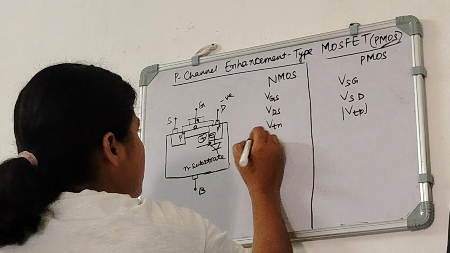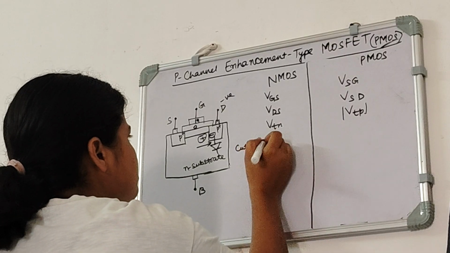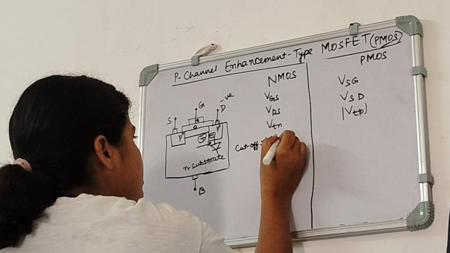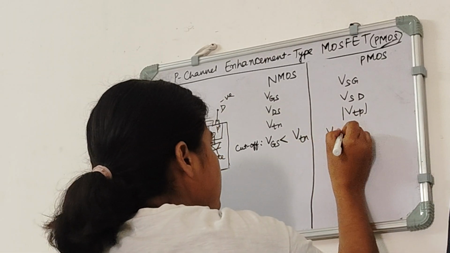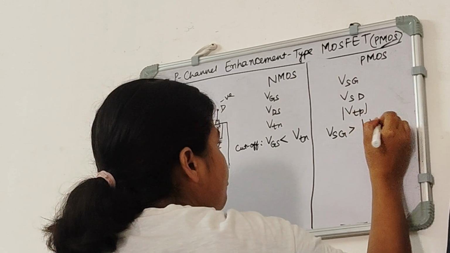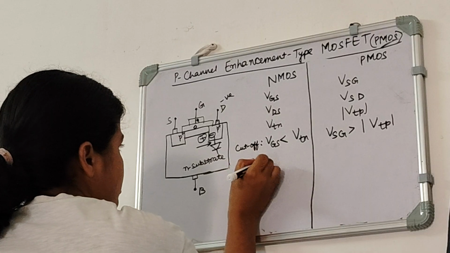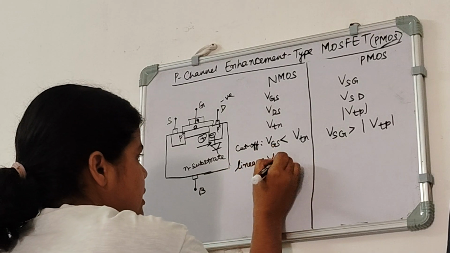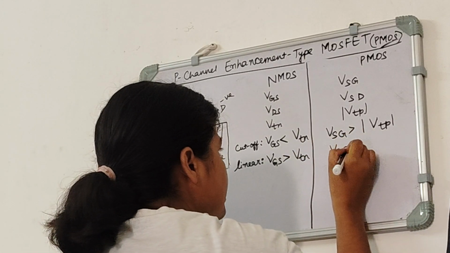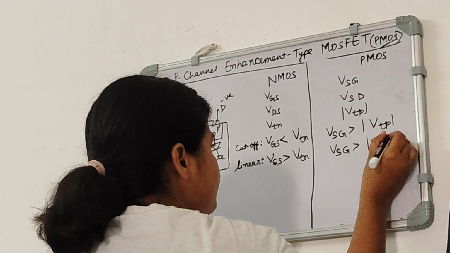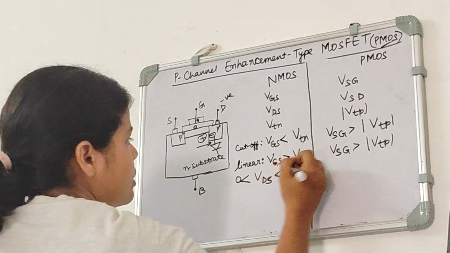For the cutoff region, VGS is less than VTN, and here we will take VSG less than mod of VTP. And for the linear region, we will take VGS greater than VTN, and here we will take VSG greater than mod of VTP, and 0 and this.